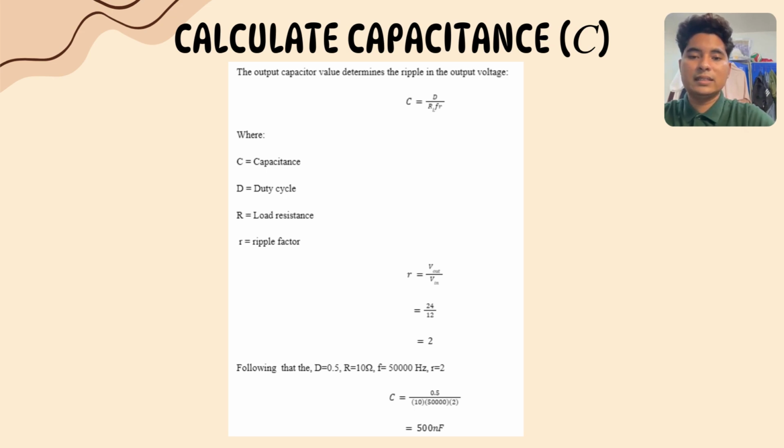For the DC-DC boost converter, this is the formula to calculate the capacitance. C is the capacitance, D is the duty cycle, R is the load resistance, and r is the ripple factor. From the formula, we can find the capacitance value. The value of capacitance is 500 nanofarad.